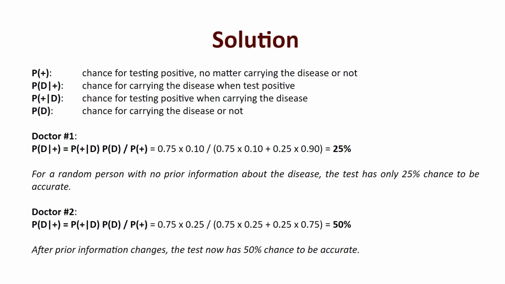And you did the test, and the test gave you some information about your current status because you already tested positive. Then you plug in the number, and after you test with the second doctor, your chance of carrying the disease when tested positive for the second time jumps to 50%. So after the prior information changes, the test now has a 50% chance to be accurate. That's the non-trivial part of this kind of quiz.